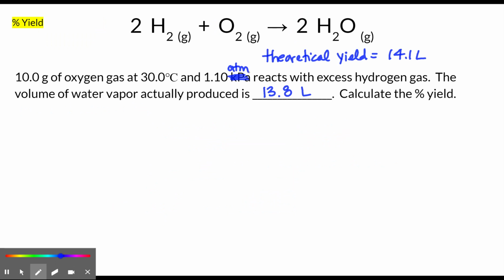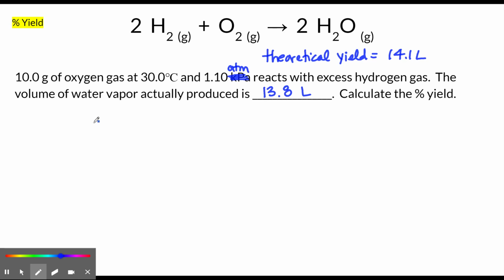Finally, it is completely possible to have to deal with percent yield and theoretical yield and actual yield. So taken from the previous situation, we have the 10 grams of oxygen gas under these conditions. Let's say someone were to actually perform the experiment and they actually produce 13.8 liters, but the theoretical yield, which is the yield you calculate as being the amount to expect, is 14.1 liters.